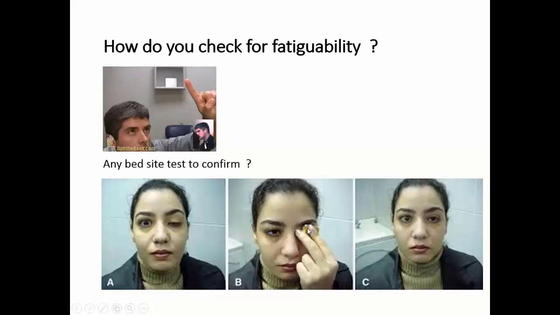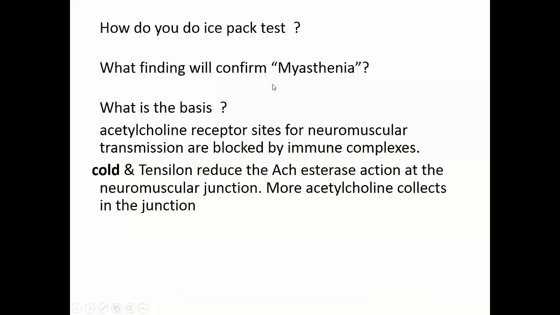You put it on the closed eyelid, and if you have kept it for 2 or 3 minutes, then you get an improvement of the ptosis. This is fairly a good test to check whether it is myasthenia, right? So improvement of ptosis is what will confirm your myasthenia.